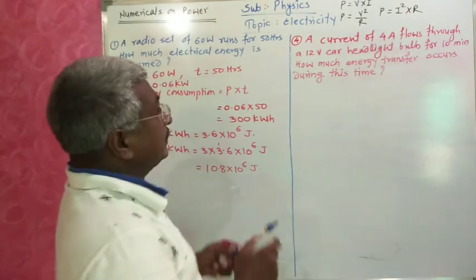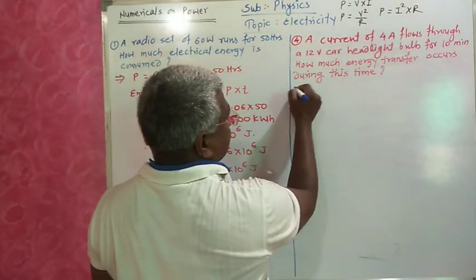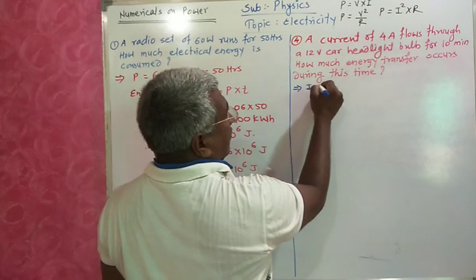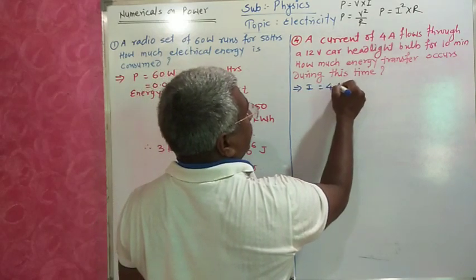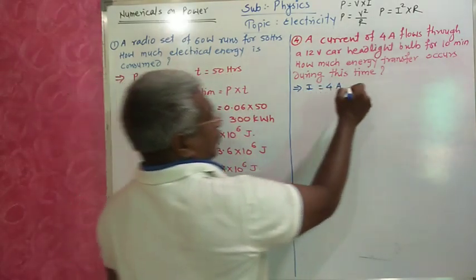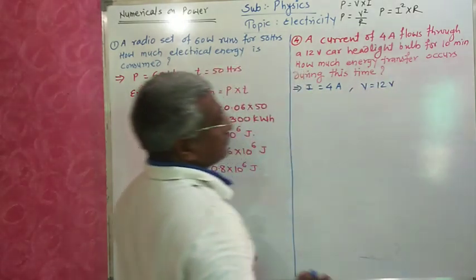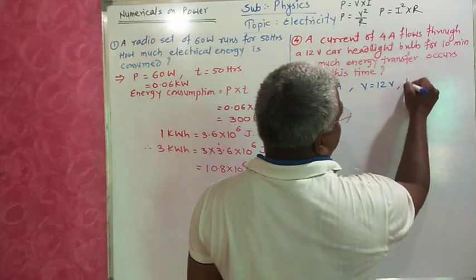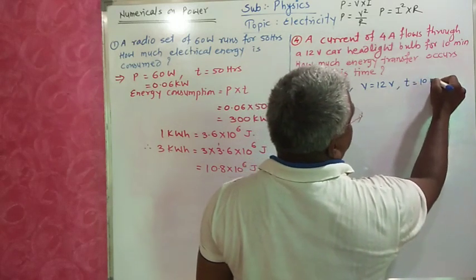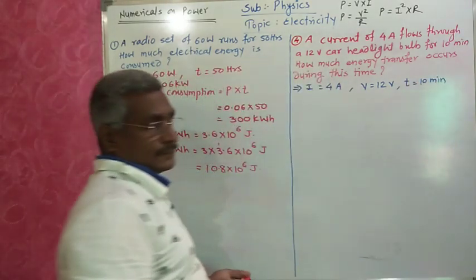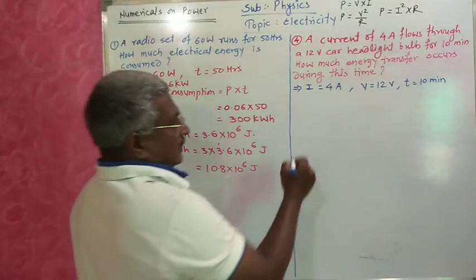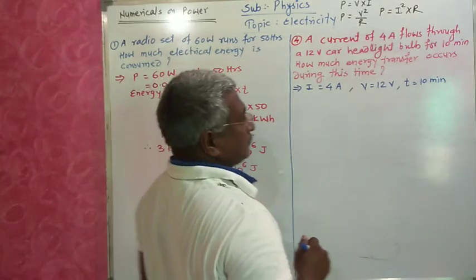So what is given? Current 4 ampere, potential difference V 12 volt, and time 10 minutes. So first we have to find power.